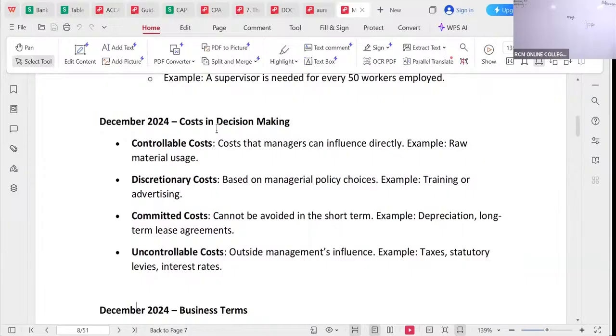Controllable costs are those costs that managers can influence directly. Example, raw material usage. Managers can say, this year, we are using this quantity for materials. Discretionary costs are based on managerial policy choices. Example, training.